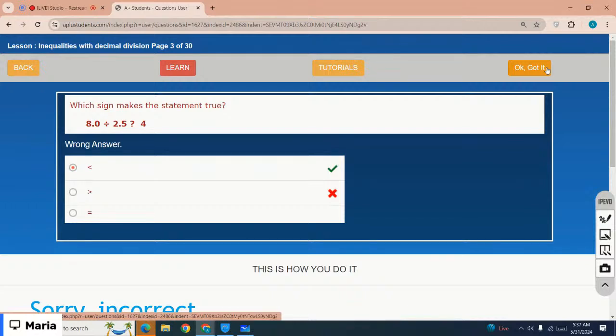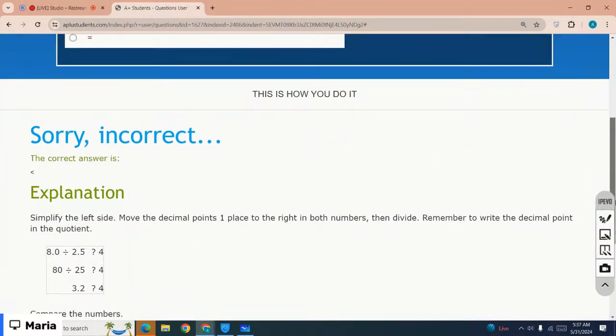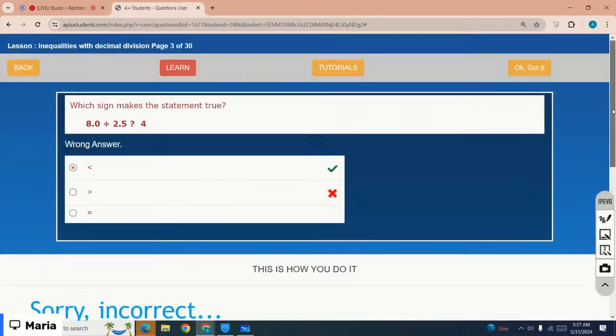Less than 4. Let me see how greater it is. Oh, 80 divided by 25 is 3.2. Sorry. That is less than.